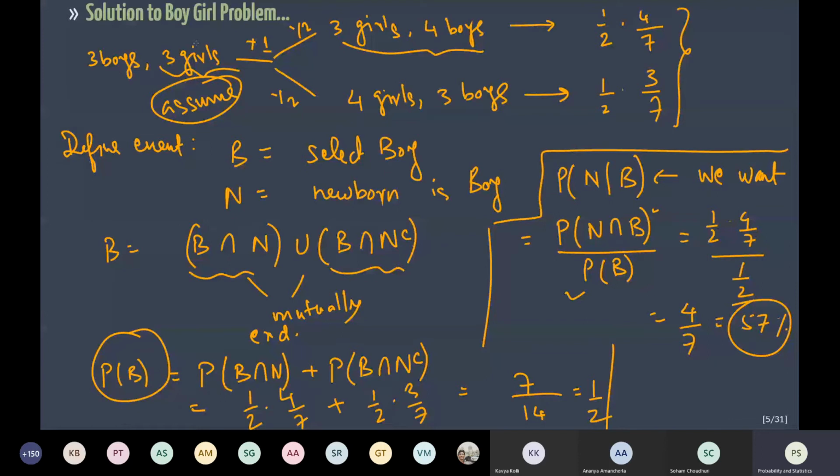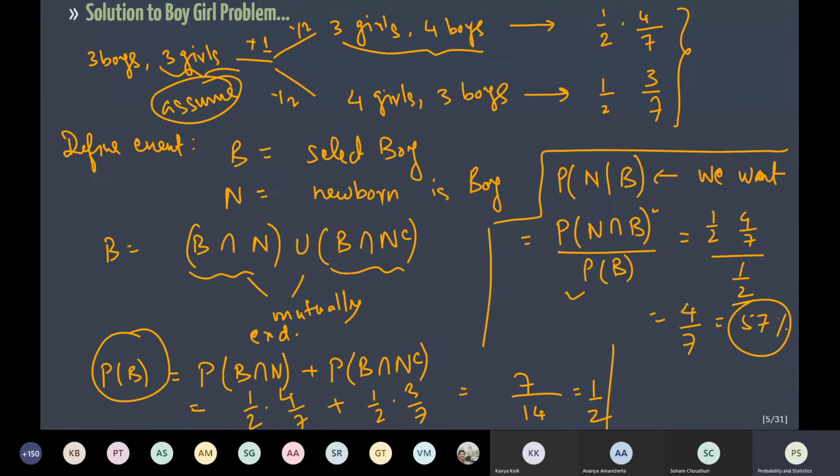Does it really affect our result? That's what we are trying to say. So we can try to do this general case also.